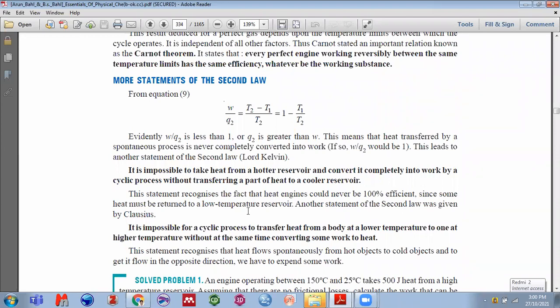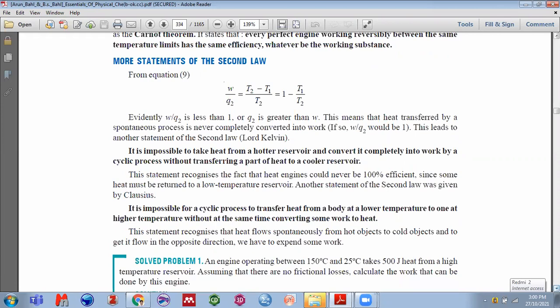This statement recognizes the fact that a heat engine could never be 100% efficient since some heat must be returned to a low temperature reservoir.